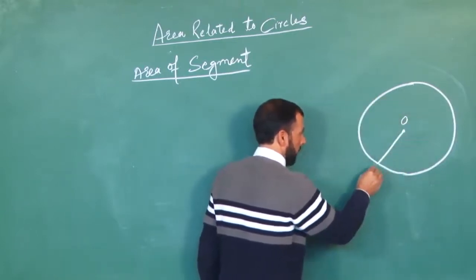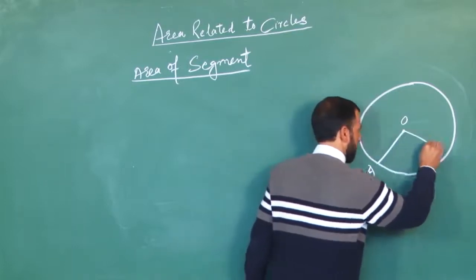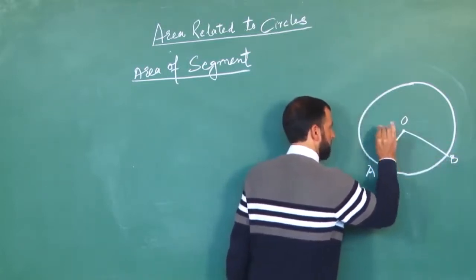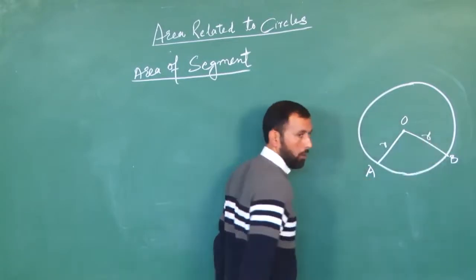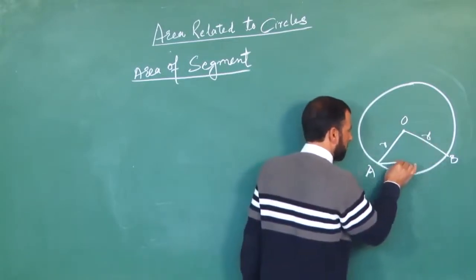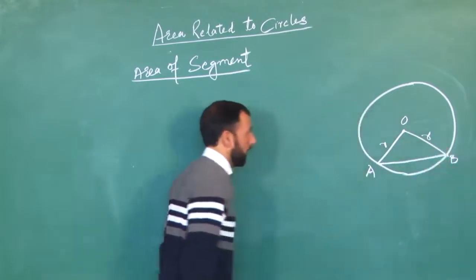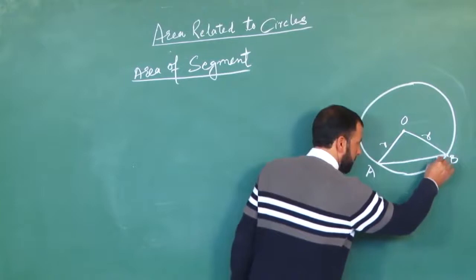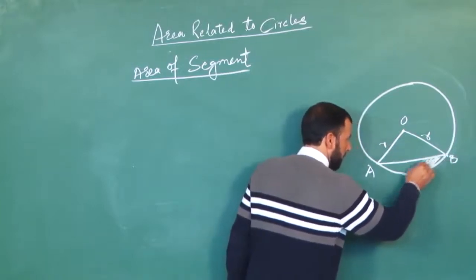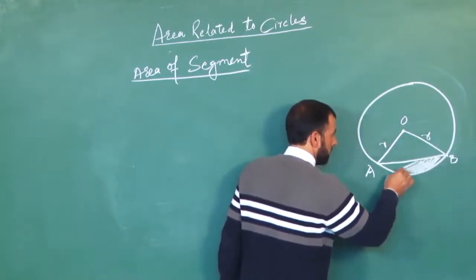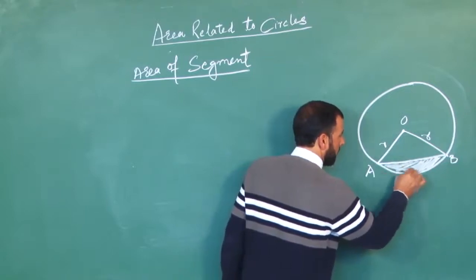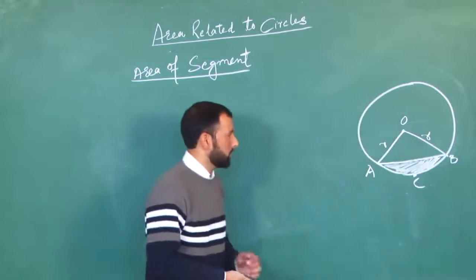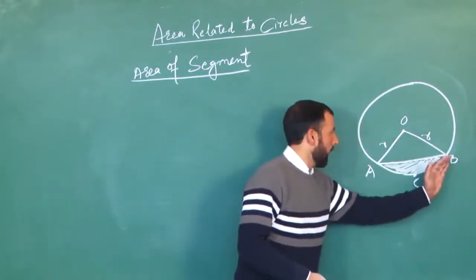This is the radius OA, and another radius is OB, and let the radius be R. If we join A and B, we get a segment, this shaded region. This shaded region is said to be the segment of a circle, and we take another point C. So the segment here is ACB.